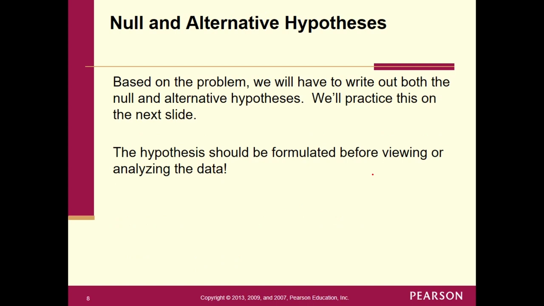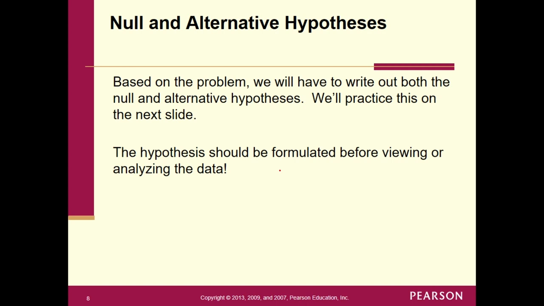So based on the problem, we will have to write out both the null and the alternative hypothesis. We'll practice this on the next slide. All right. Now, before we go any further, I want to make this clear: in a real life situation, so you're doing an experiment, or you're somehow using hypothesis testing to test something, the hypothesis should be formulated before viewing or analyzing the data.